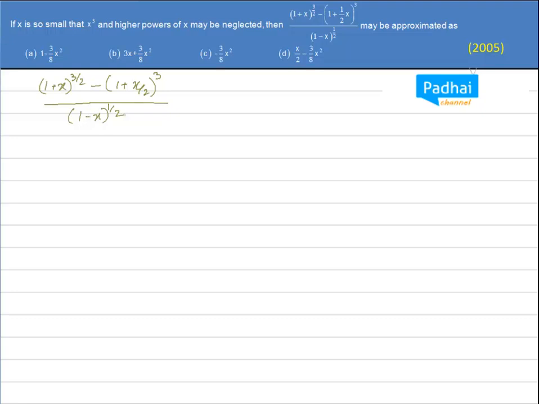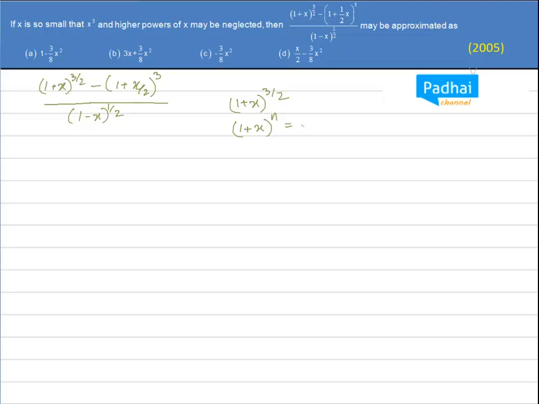First of all, for doing these kind of things, we need to find the value of this term, that is 1 plus x raised to power 3 by 2. Since it's in the fraction form, let us do the major formulas. This says 1 plus x raised to power n. What was the formula for that?